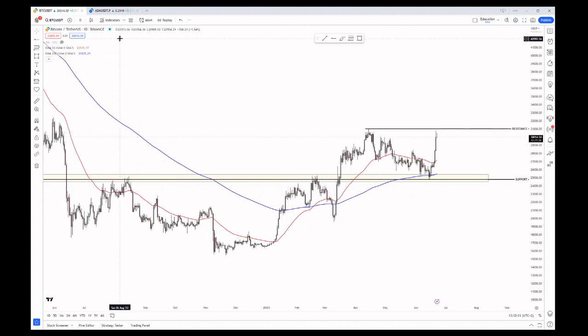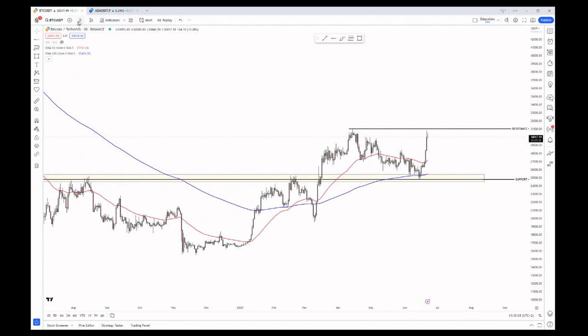I usually zoom out for that, but you can also look for support and resistance areas on lower time frames. But like I always say, the lower the time frame, the less reliable the indicators are. You can of course trade support and resistance on lower time frames too, but always be more cautious.